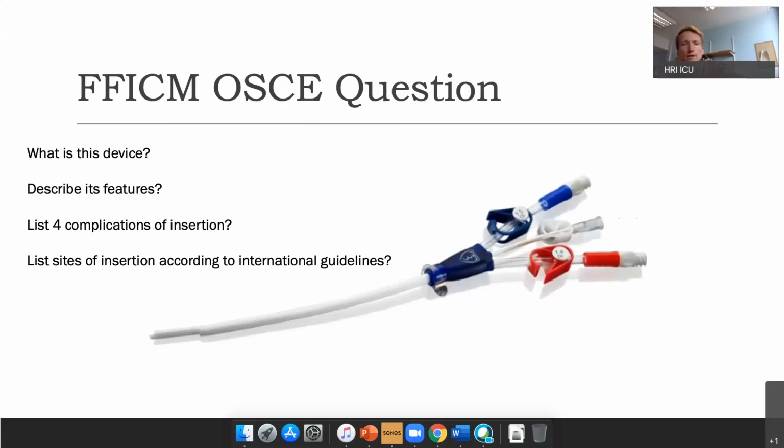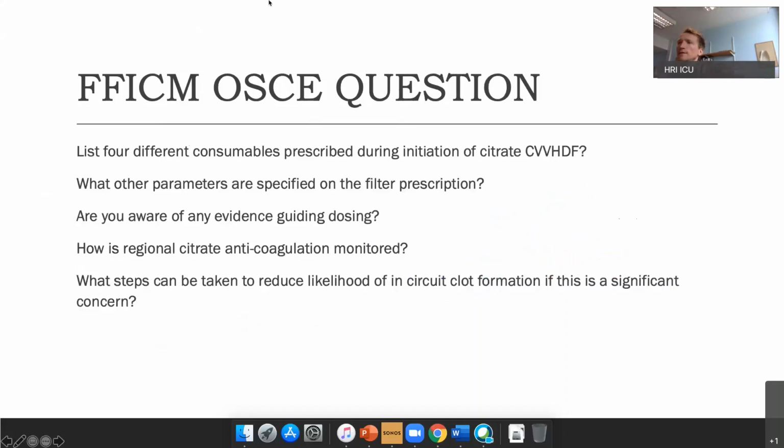Okay, the question then went on to ask: list 4 different consumables prescribed during initiation of CVVHDF. So the station was literally like you were sat there about to start someone with a filter. So list some consumables that you need. See if you can think of all of them.